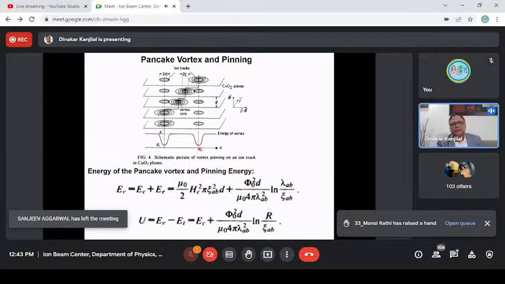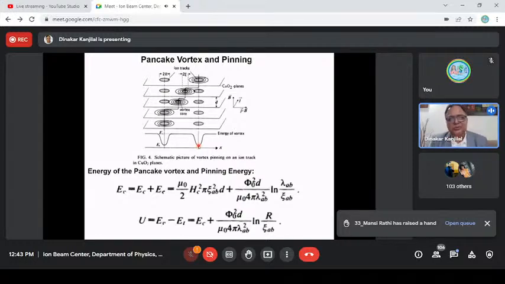What is good about defects? In fact, sometimes people say defects are bad, but without defects, practically nothing could work. If you take a beautiful perfect silicon crystal, nobody will use it because it has no practical use for devices or intelligent use.